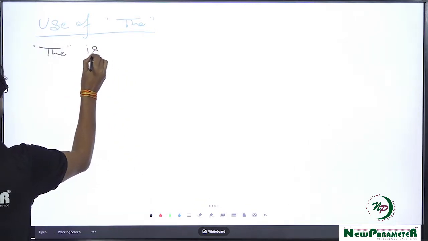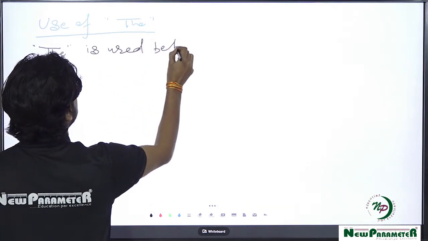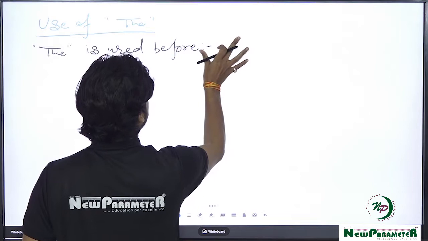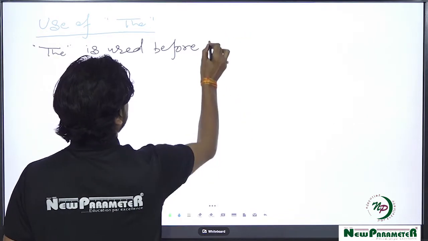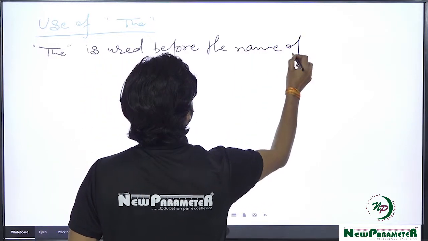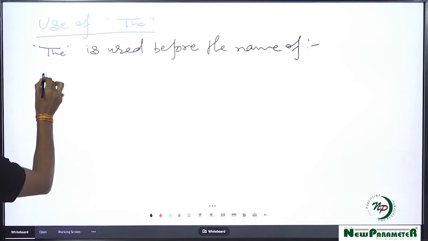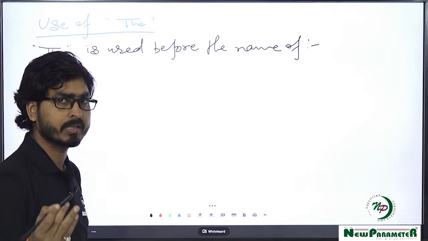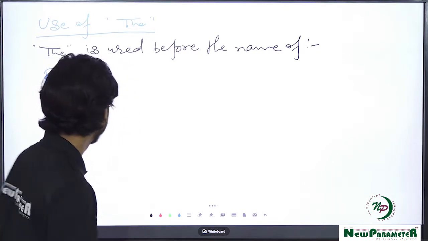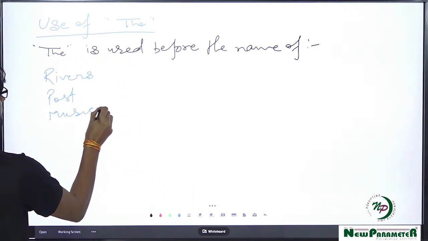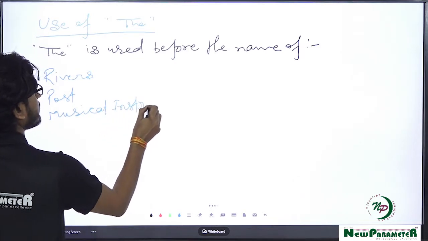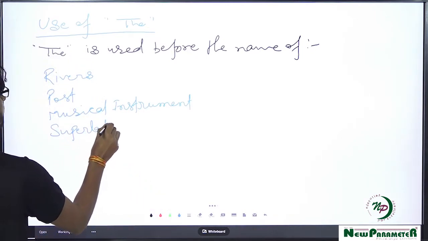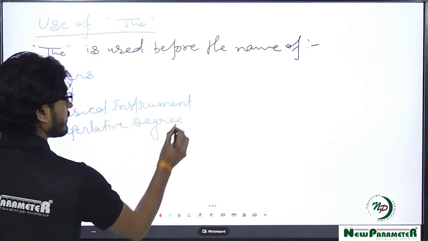"The" is used before the name of rivers, post, designation, I can say, like headmaster, like the prime minister, musical instrument, yes, a superlative degree.